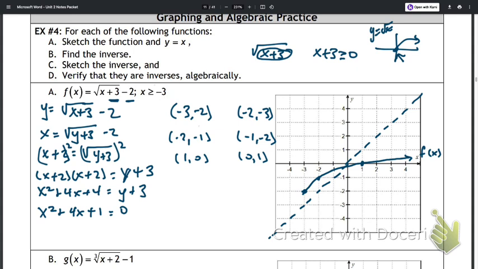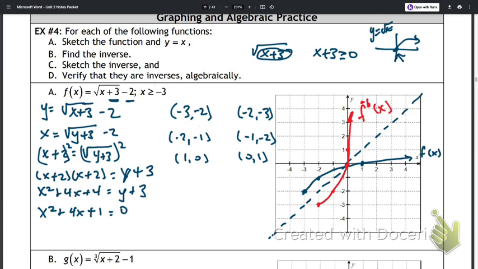So we've got negative 2, negative 3, which is right here. I've got the point negative 1, negative 2, and I've got the point 0, 1. So this is that graph. This is the inverse graph, f inverse of x. So you should see it's a reflection over that line y equals x. Where those two cross is right there on that line y equals x. So we've found the inverse.